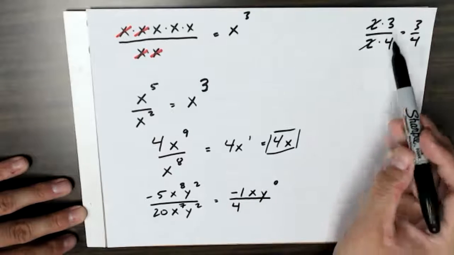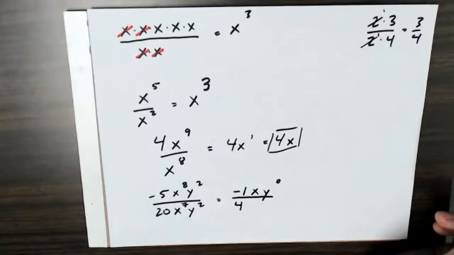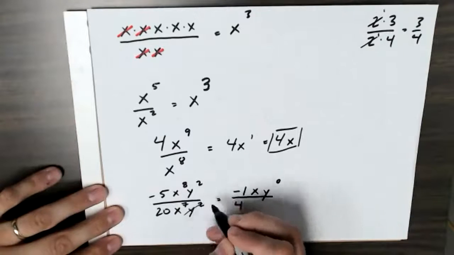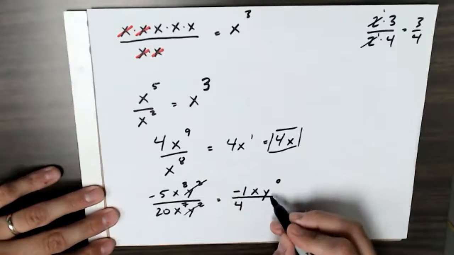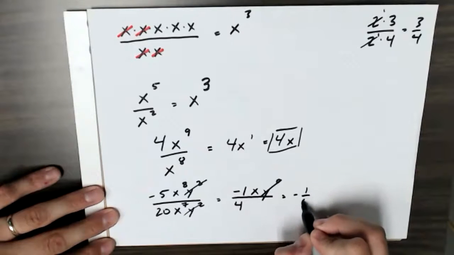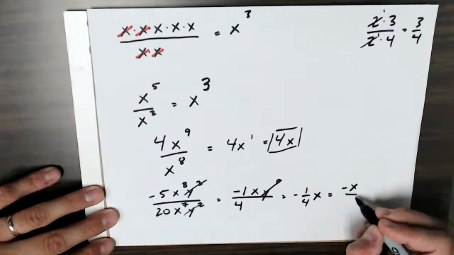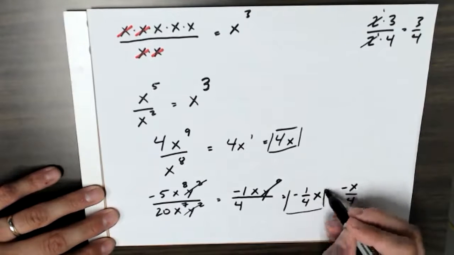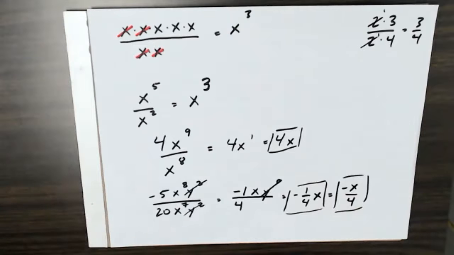That's like saying 2 to the 1 over 2 to the 1. It just completely cancels. These go away, okay? And if they go away, that means you're really multiplying by 1. So we get -1/4 x. Now you can write the x out front, or you can write the x on top. These are the same. I want us to get used to some different ways these look. Those two are the exact same thing.